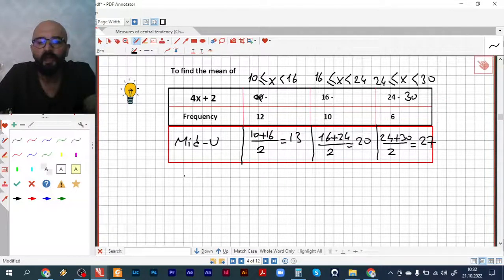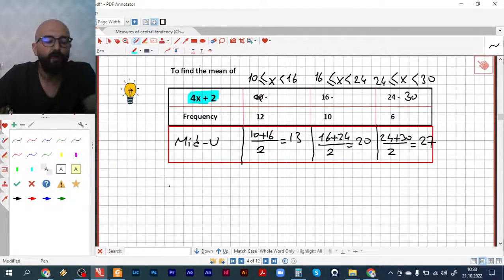Okay, and they give us 4 times x plus 2 values.